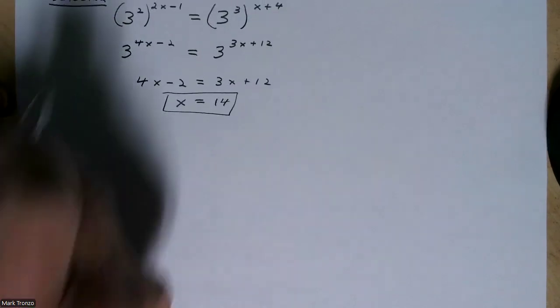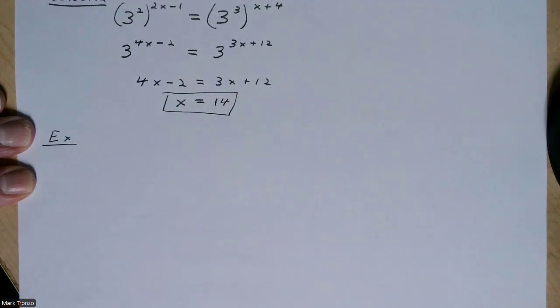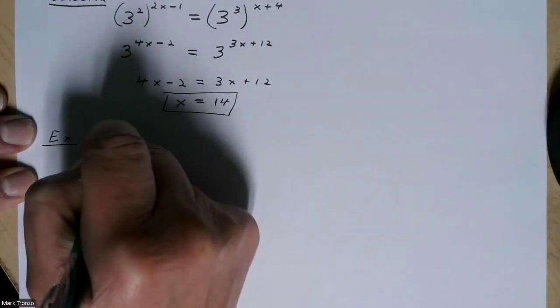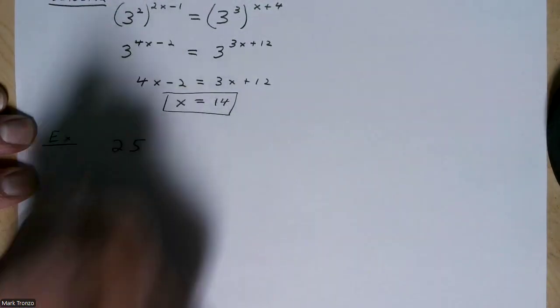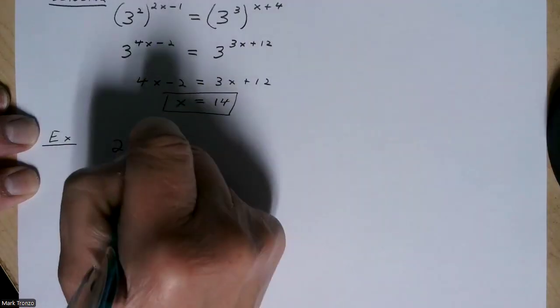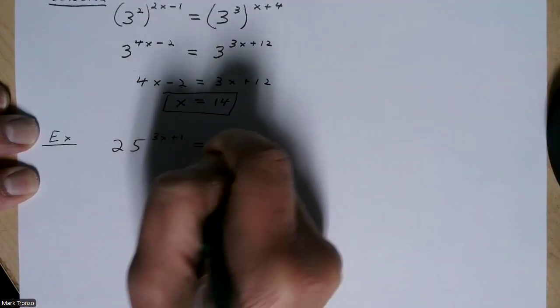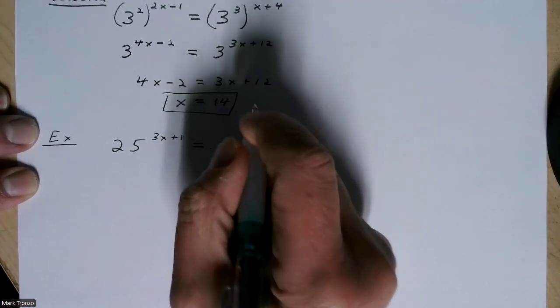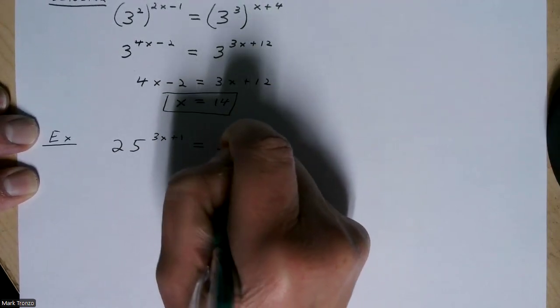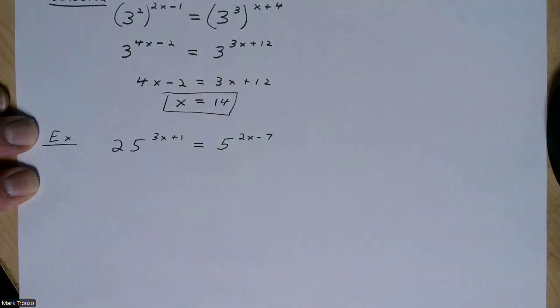Let's do this example here. This is 25 to the 3x plus 1 equals 5 to the 2x minus 7, like this.